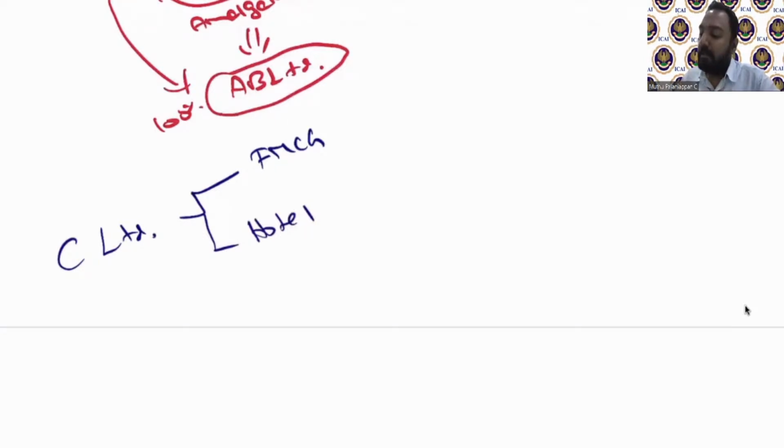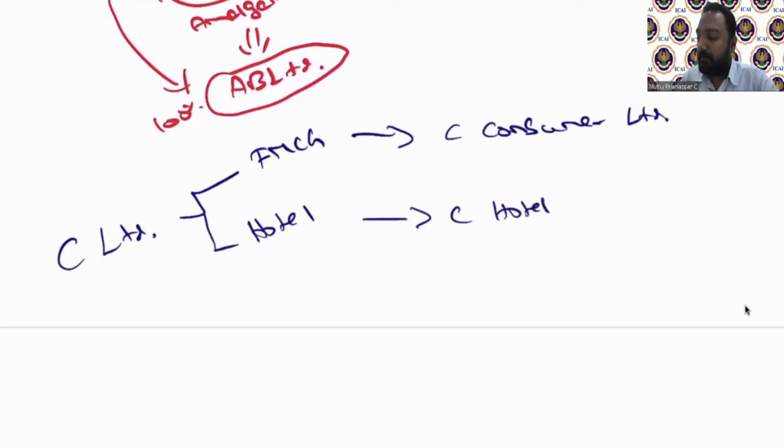Okay. Now they make this FMCG a separate company called C Consumer Limited. And this hotel is being treated as C Hotel Limited. So now there is C Limited. C Limited has become two companies, C Consumer Limited and C Hotel Limited.